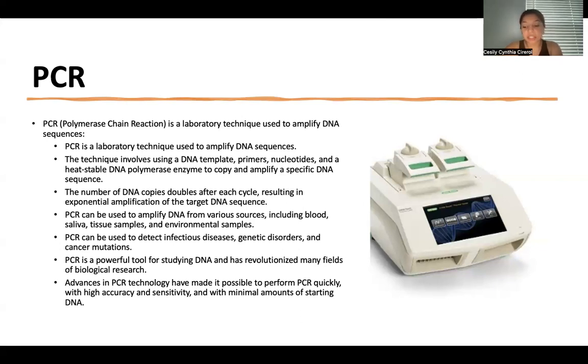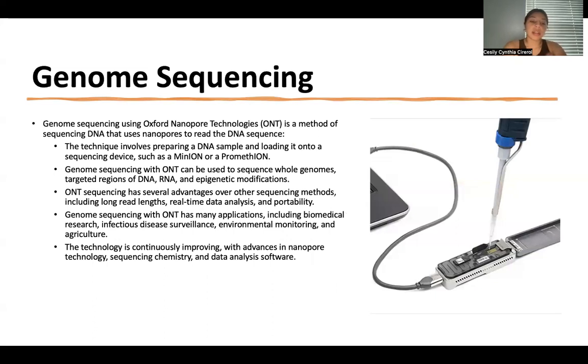But it's very difficult because environmental samples have very low concentrations. That also goes hand in hand with genome sequencing. We use PCR so we can have the most DNA that we can get and use it to do genome sequencing. Genome sequencing we use for a couple of different things.